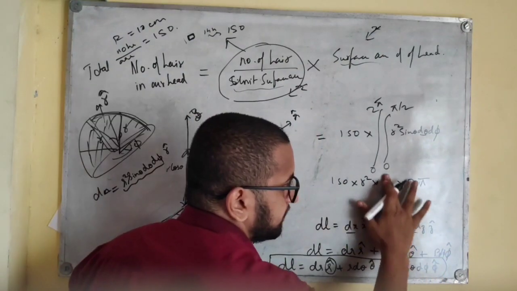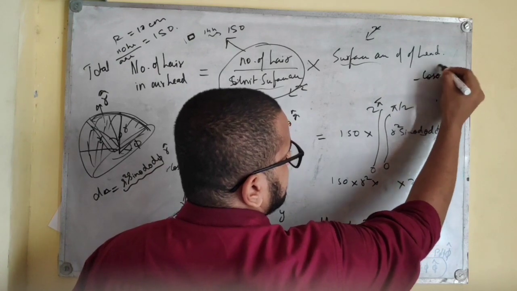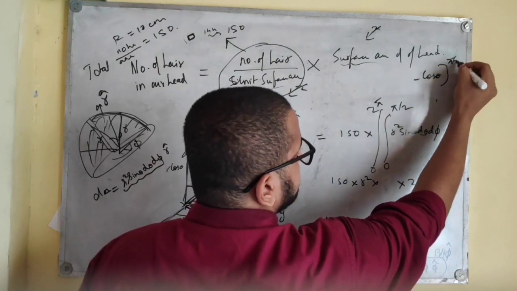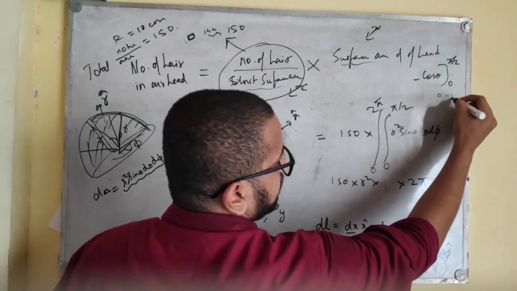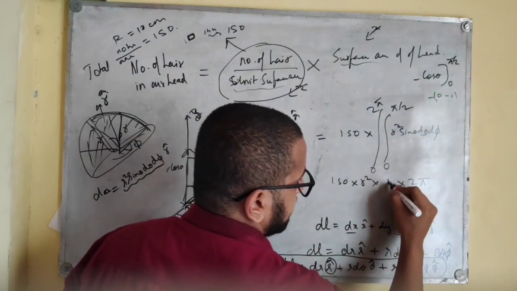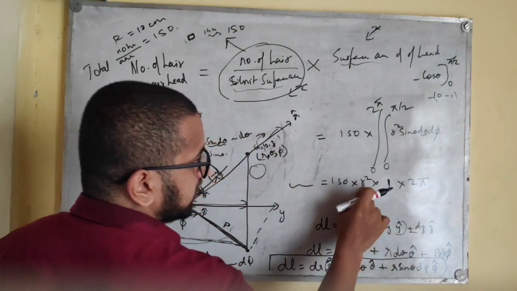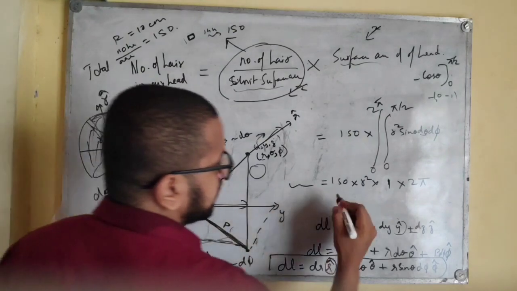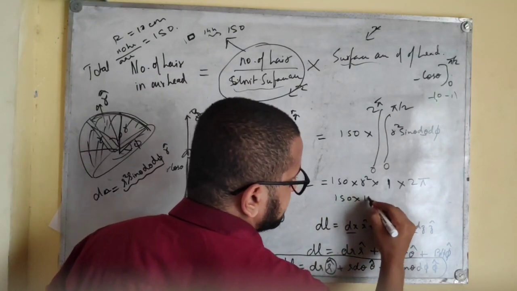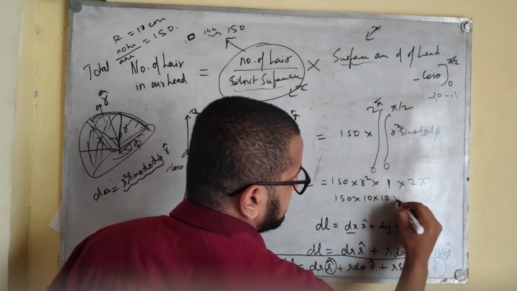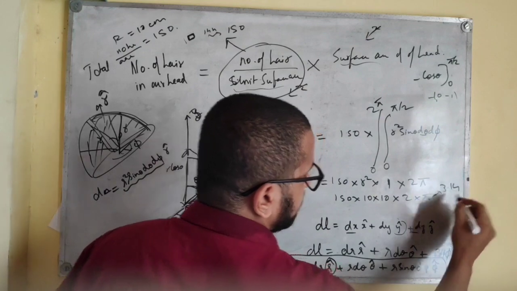Sorry, the integration of sin theta is minus cos theta, and from pi by 2 to 0, cos pi by 2 is 0 and cos 0 is 1, with the negative outside, so it's going to be plus 1. So this will give the total number of hairs. The radius is 10 centimeter, so 150 times 10 times 10 is 100 times 2 pi. Pi is 3.14 something.